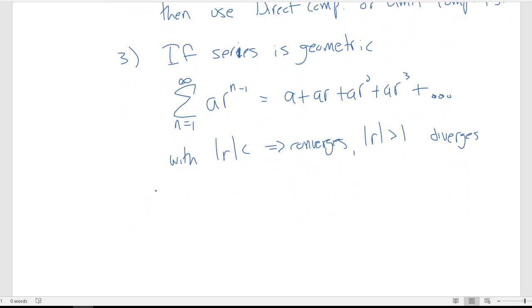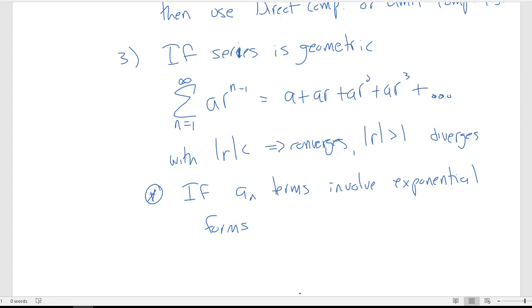So I would put a little asterisk here: if the a sub n terms involve exponential forms, and typically when we said exponential forms, we meant things like 2 to the n, or 5 to the n, or 1/2 to the n, usually a base to the n power, then we can use the ratio test.